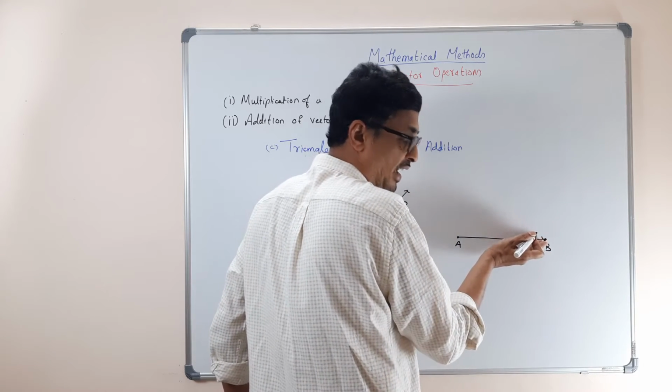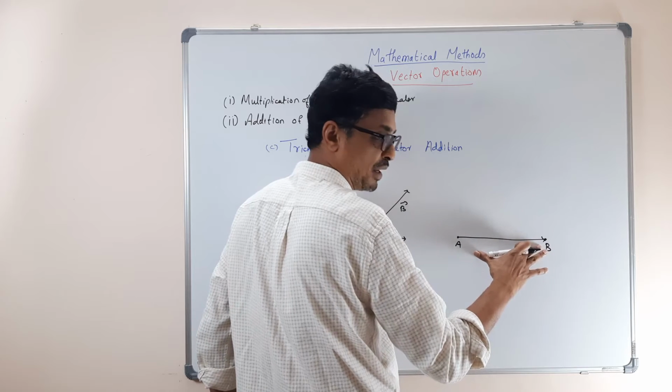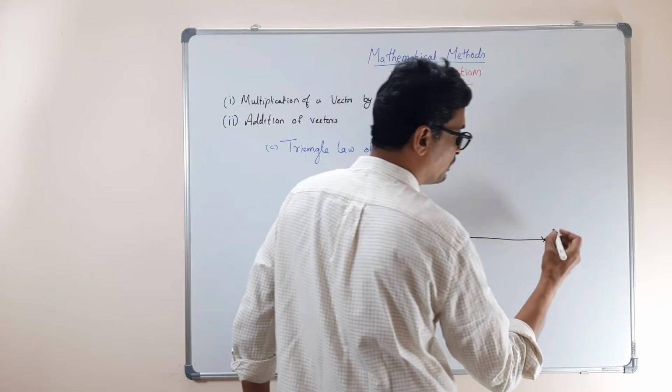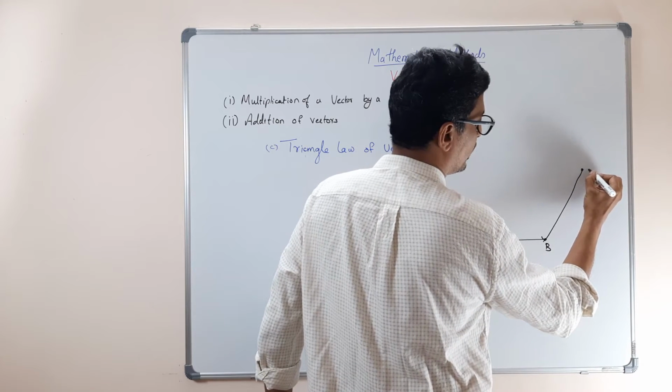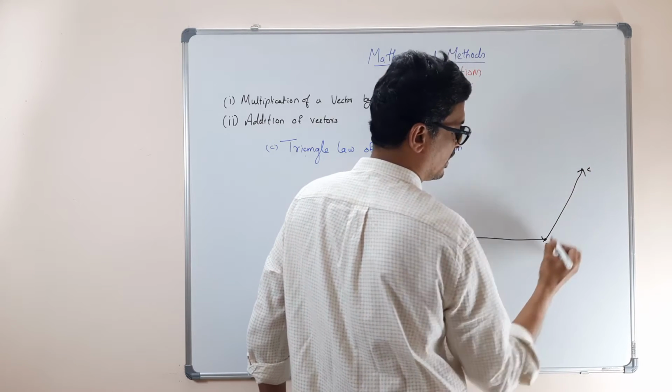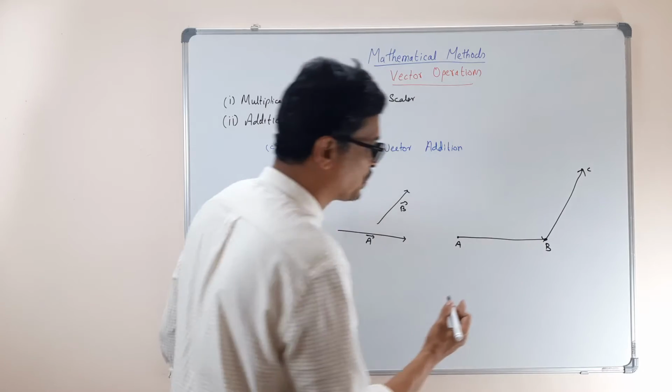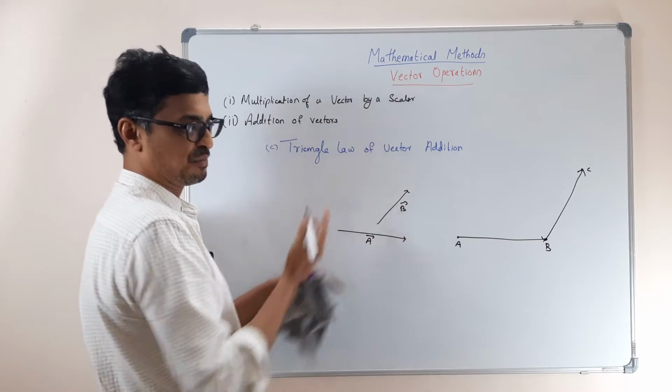Direction is given by the arrow and the magnitude is given by the length. Now you are adding this vector with another vector, let us call it C. So these are two vectors acting like this.